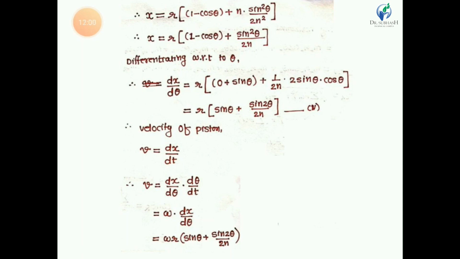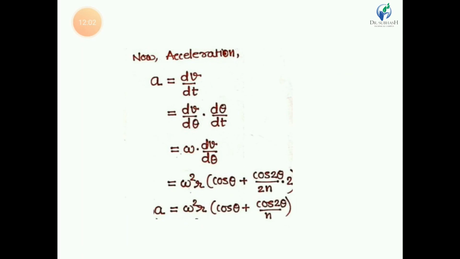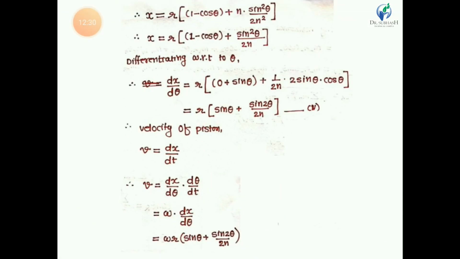Okay, now acceleration. We know the equation of acceleration: acceleration is equal to dv by dt. Again we rewrite this as dv by d theta into d theta by dt, and d theta by dt is equal to omega. So we get omega into dv by d theta. If we put the differentiation of velocity, we get omega into R in bracket cos theta plus cos 2 theta into 2 upon 2n.